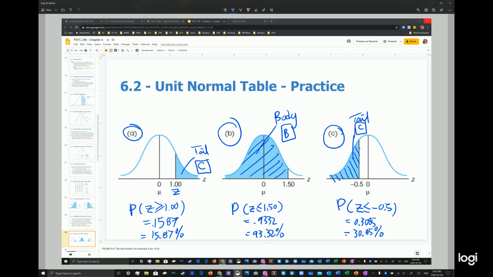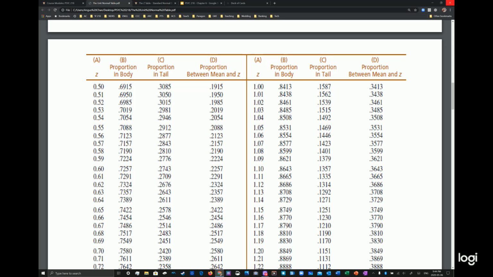So those are some ways we can answer some basic questions about probability using the unit normal table when we ask questions like what is the proportion of the population scoring some range of values. Usually it's like above or below some z-score. That would be the basic form.